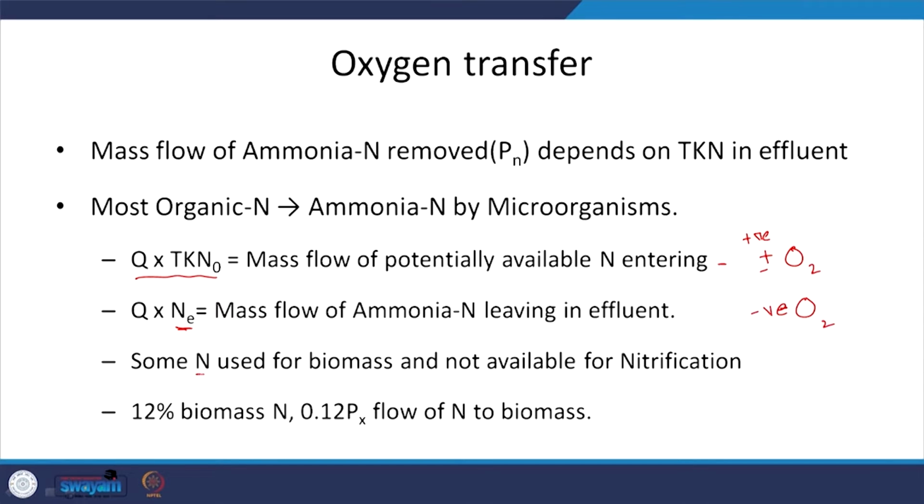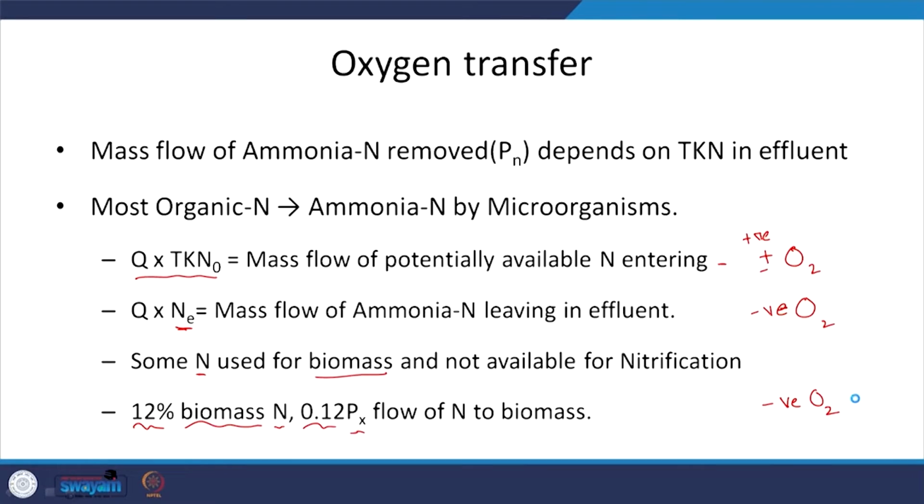And as we mentioned, some of the nitrogen will be used for biomass, right, and is not going to be available for oxidation or nitrification. So, how much is it typically? It is 12% of biomass, let us say, that is the N. So, 0.12 into Px is the flow of nitrogen to biomass. Again, even this we have to deduct.